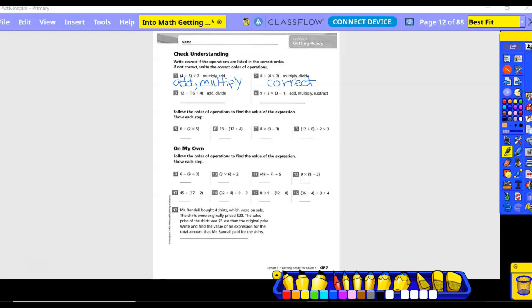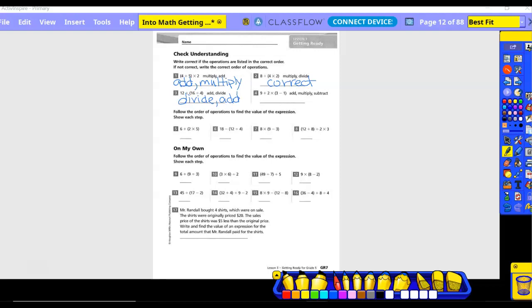Okay, 12 plus parentheses 16 divided by 4. What would I do first? Divide the 16 by 4, right? Because it's in what? Parentheses. So is that correct? No. We would need to do what? Divide and then add.